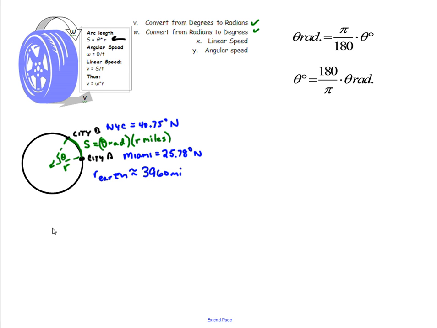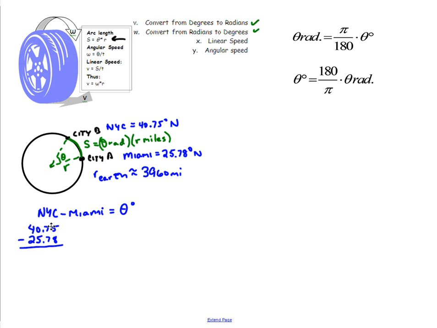So how do we use that information to find the distance along the outside of the Earth from these two cities? Well, the first thing we're going to do is get our angle by taking the difference between New York City and Miami. So if we take New York City minus Miami to get our angle in degrees, we're going to take our 40.75 and subtract our 25.78 degrees and get our difference.